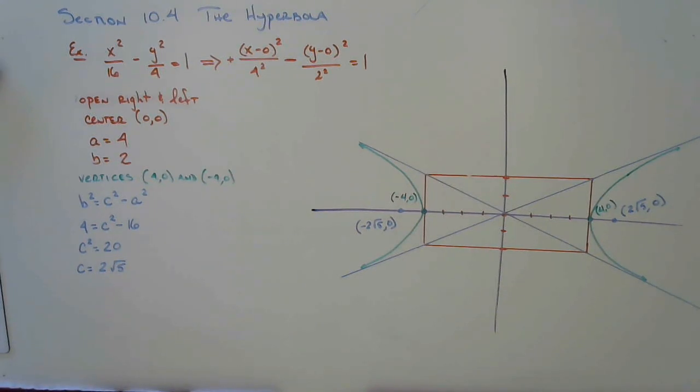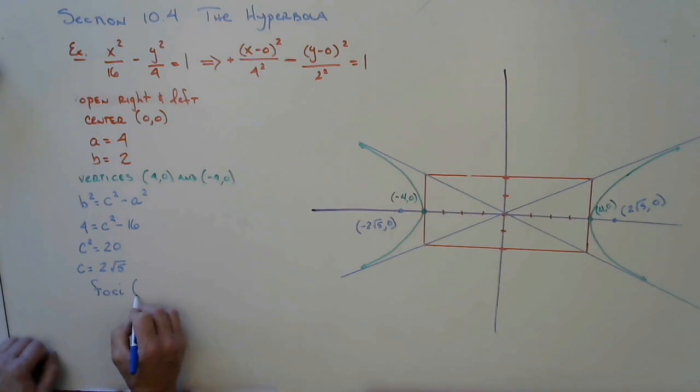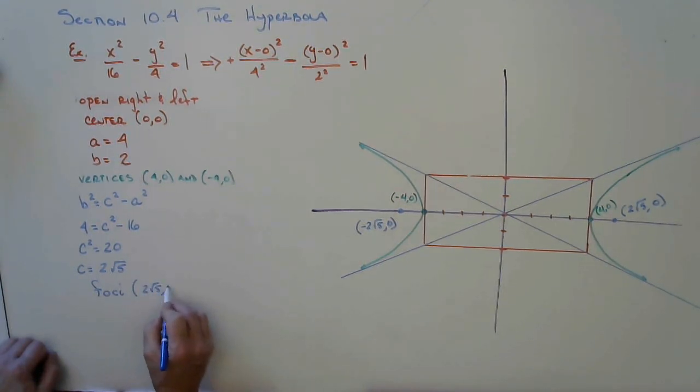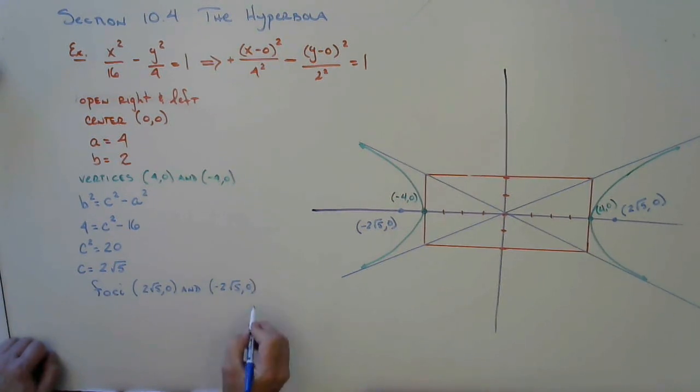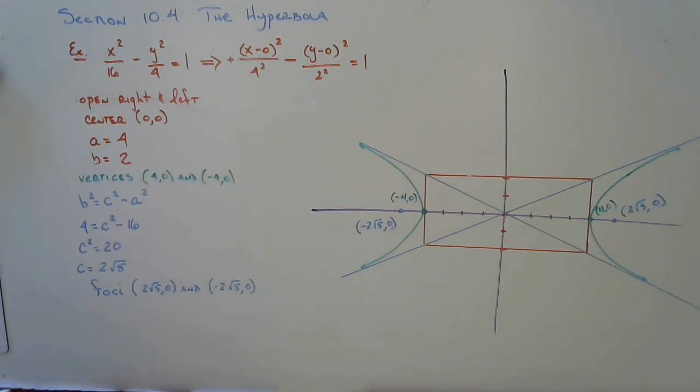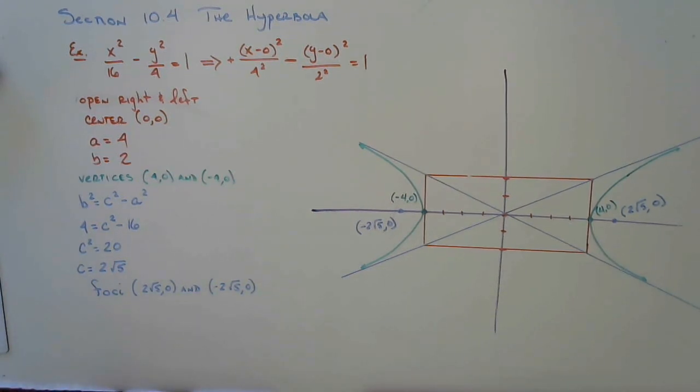So if they asked us for the foci on the test, we would write 2 square root 5 comma 0 and negative 2 square root 5 comma 0. And we've got our graph.